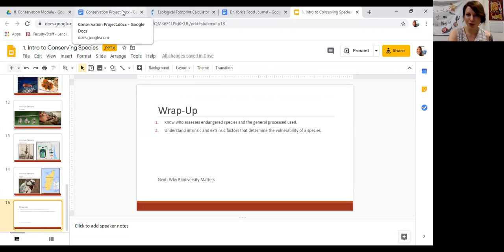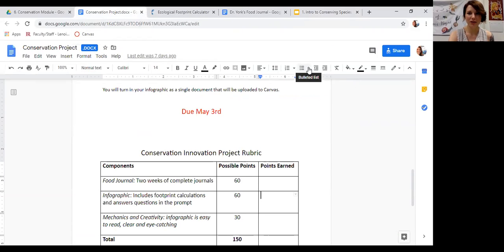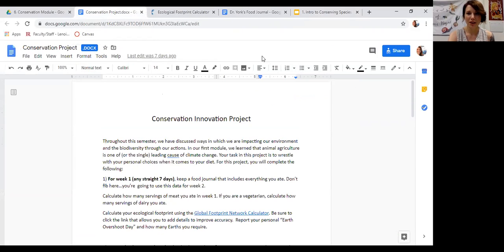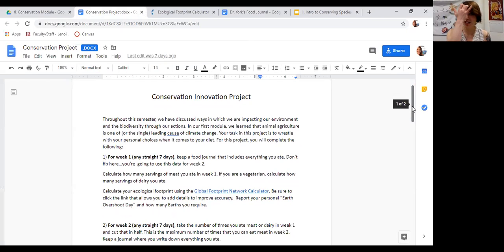So in your Google Drive, you go over to conservation project, and you will see this assignment. This one, again, could be a little bit affected by being stuck at home, but I urge you to just do the very best that you can with this assignment.